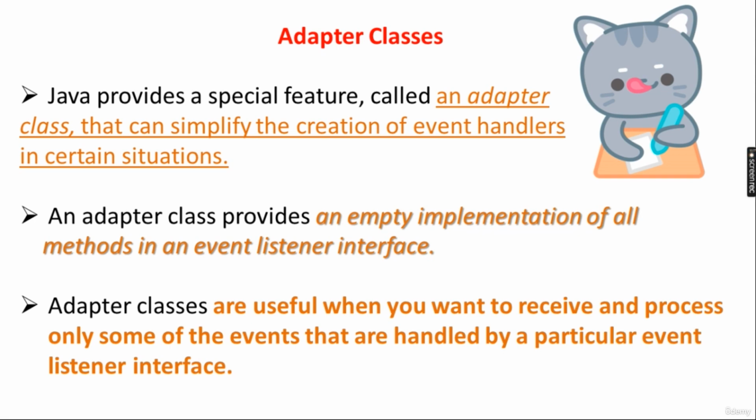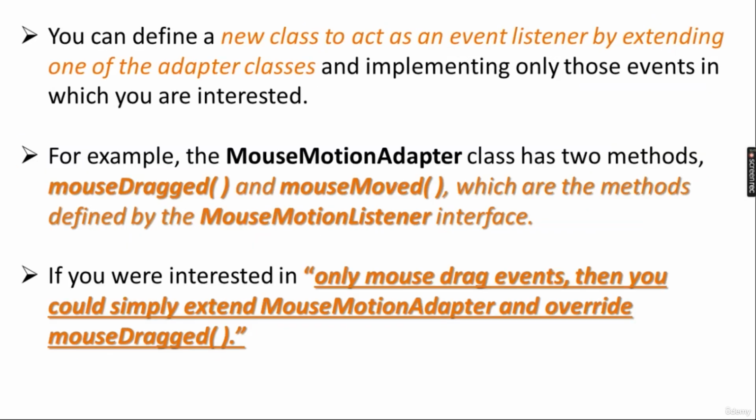Depending upon your need, you will override only those methods. It is not compulsory to implement all the methods from the event listener interface. You can define a new class to act as an event listener by extending one of the adapter classes and implementing only those events in which you are interested.